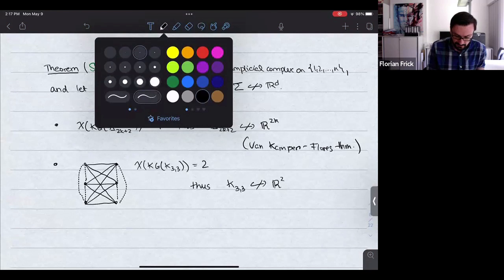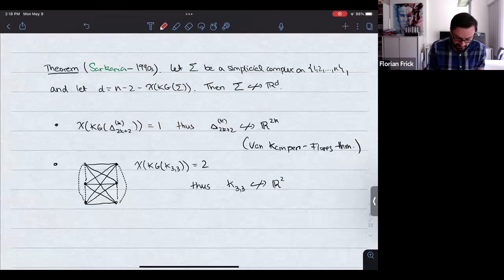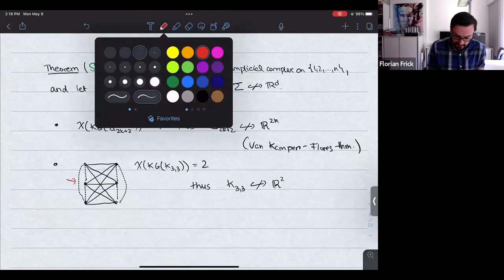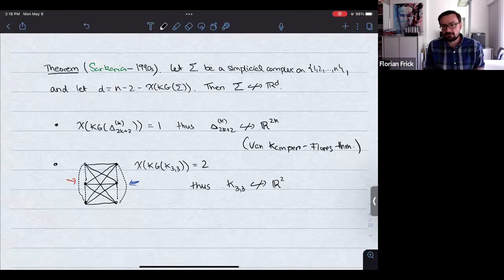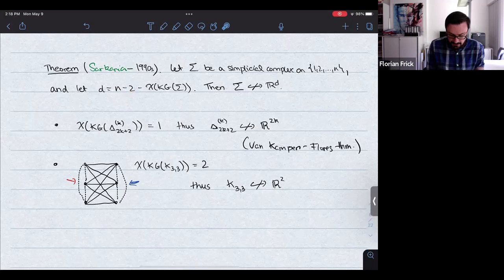And now you declare these to be red, and you declare these to be blue, and then we have it. Non-faces of the same color are not disjoint, right? So this is 2, and 6 vertices minus 2 is 4, minus 2 colors gives 2, so K33 is non-planar.